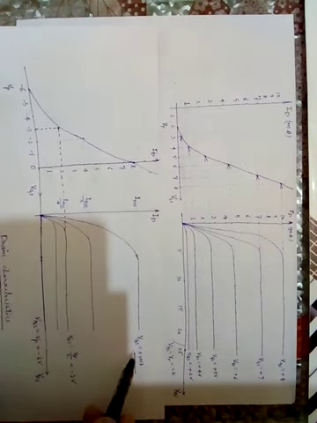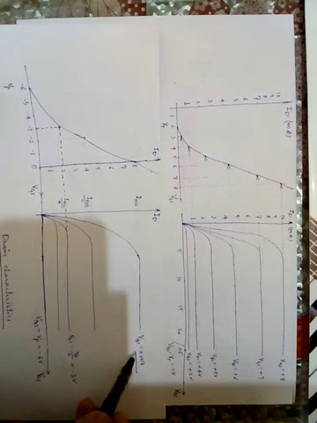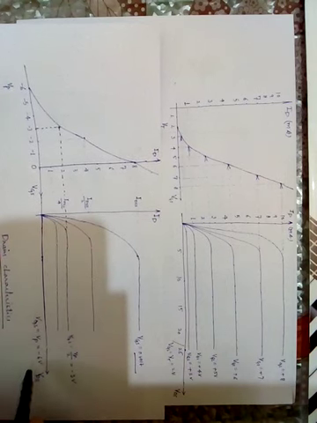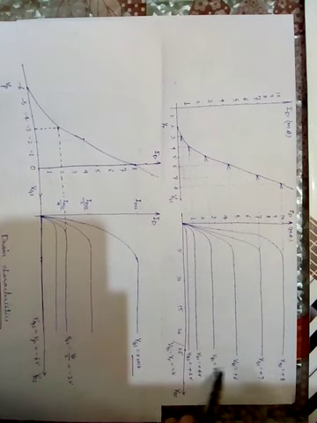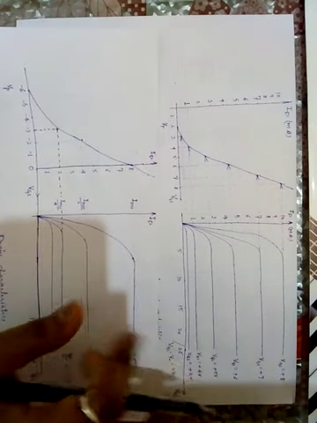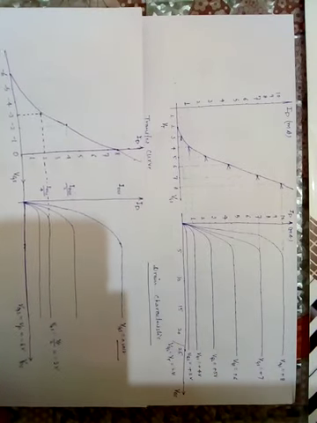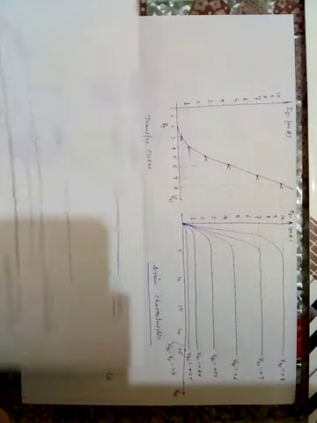Here I have chosen all the VGS values as negative values. See here, 0, then -1, -2, -3 up to -6. But here all the VGS values I have taken are positive. This is a major difference. If you write down the negative value, you will get 0 marks. So keep in mind what I am telling you, because I am telling the key points only.